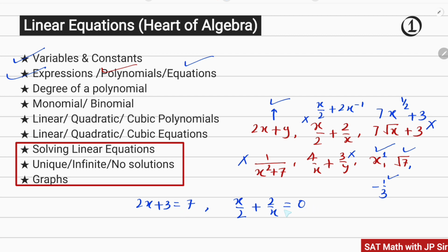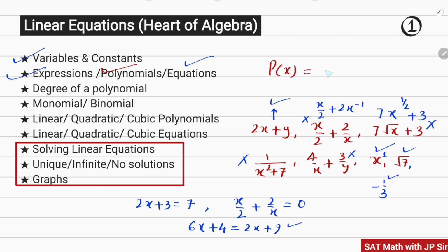When you write something equals something, like 6x plus 4 equals 2x plus 9, it's also an equation, because we have this equal sign and something equals something. Well, one more thing you need to understand here, that sometimes you may see a polynomial in this shape.